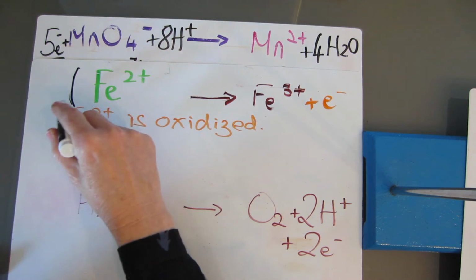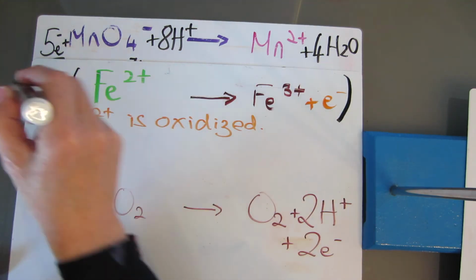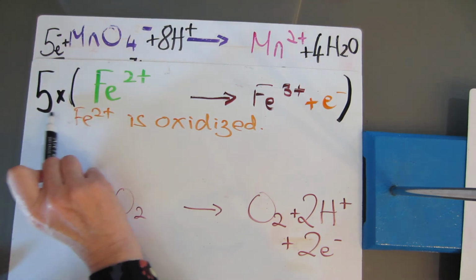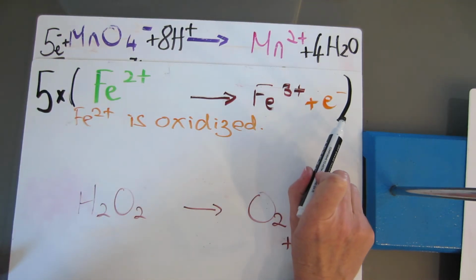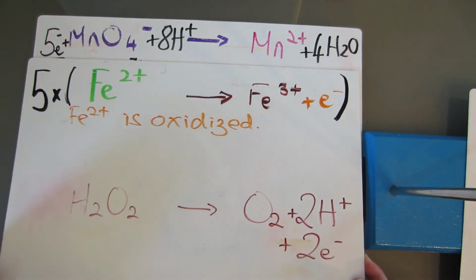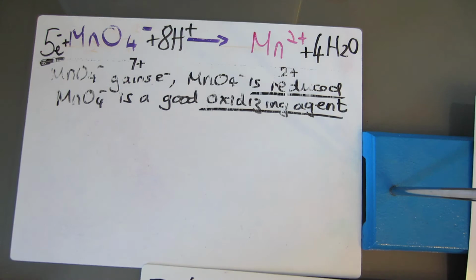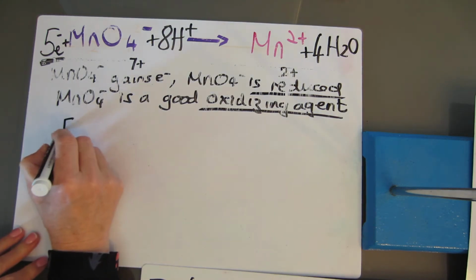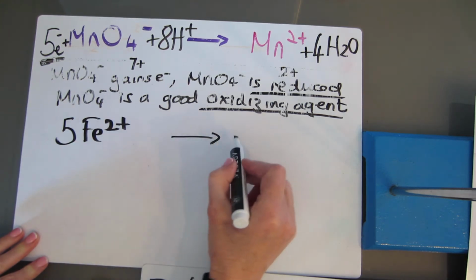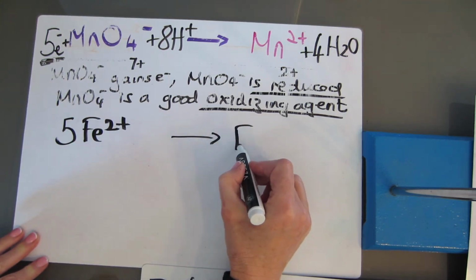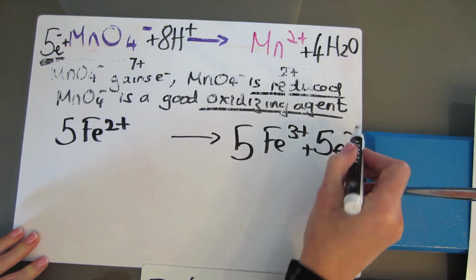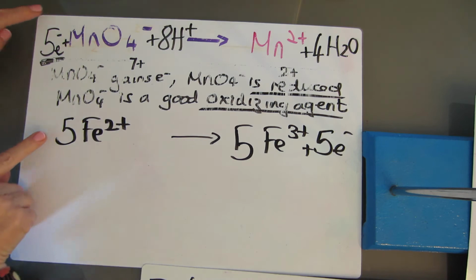I have to have 5 Fe2 plus. So I will multiply all of this half equation by 5. So what would I end up with? Let me just take it down and put it over here. I would end up with 5 Fe2 plus becoming 5 Fe3 plus and 5 electrons.